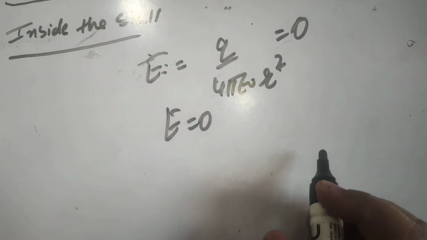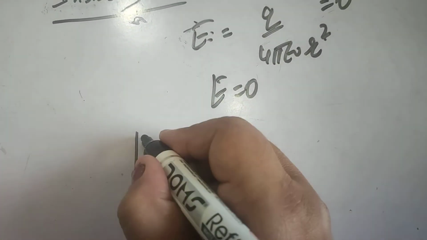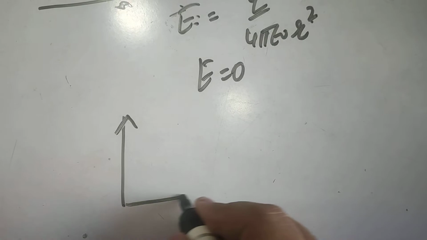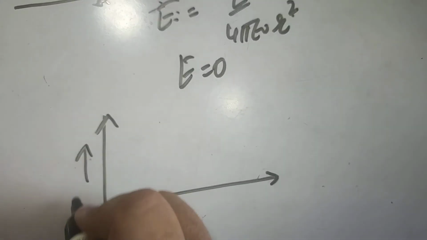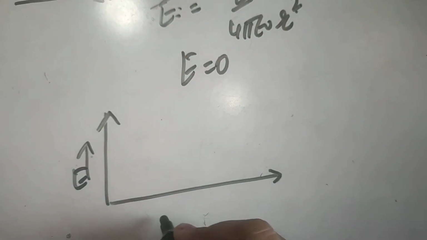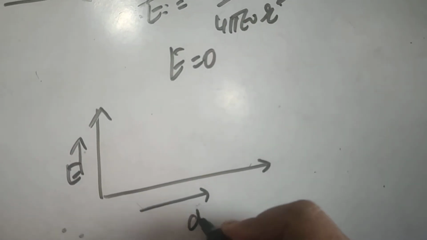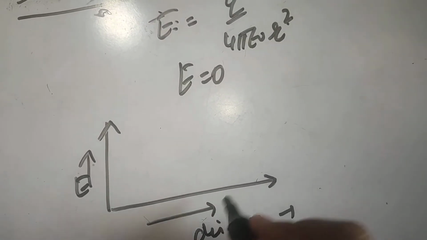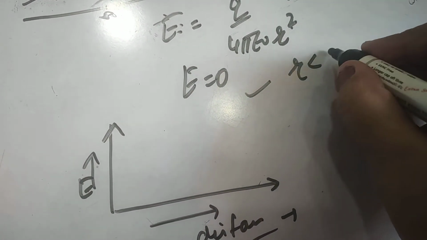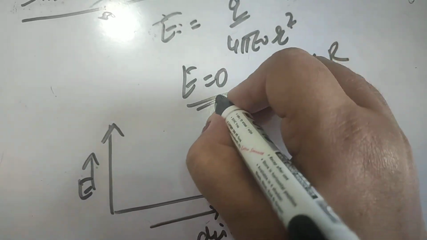We can also draw the diagram for this, which is one of the important diagrams, because sometimes it can come individually without the topic. That is, E is along the y-axis and distance r is along the x-axis. So clearly when r is less than capital R, the value of E is 0.